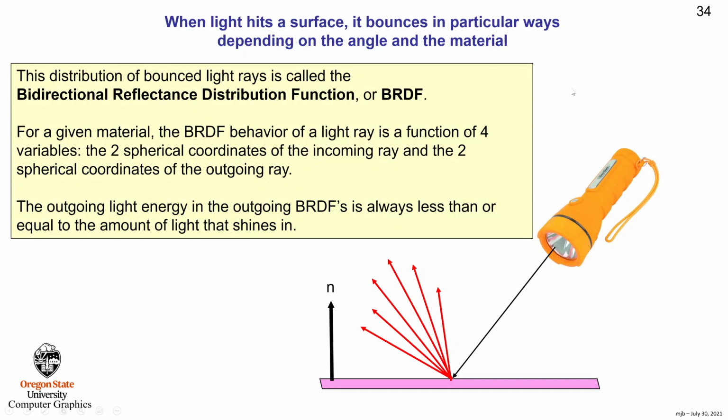Okay, but let's generalize this even more, because light doesn't hit something and have one ray come bouncing out. Light hits something, and objects are rough, even if you have to get down to the molecular level. There is no such thing as a perfectly smooth object. So when light hits something, it bounces out a bunch.